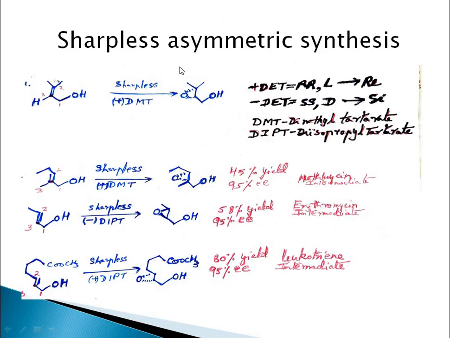Let us see with the help of a few examples. Now, C double bond C, CH2OH. So this is the allylic alcohol. On Sharpless epoxidation, if we see this face, we just determine whether it is a si face or a re face. So let us see, carbon double bond carbon. This carbon is attached to C, which in turn is attached to O. So this gets the first priority.